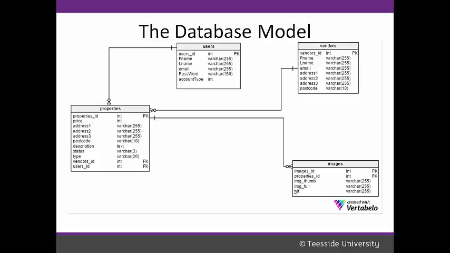Again, that would be information about the property. So the images, we have a one-to-many relationship. Between vendors and properties, that's again a one-to-many relationship, and the users as well, that's a one-to-many relationship between the two.